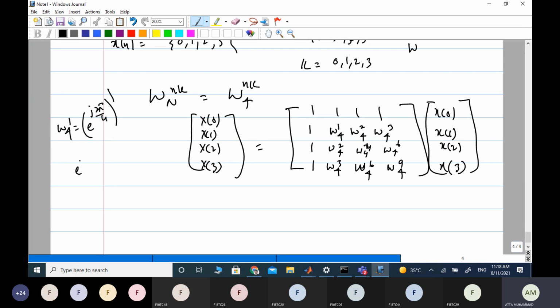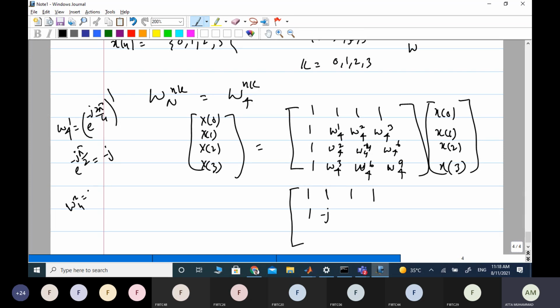So this is equal to e to the power minus j pi by 2, and we know this is equal to minus j, right? So I can rewrite this as 1 1 1 1 1, and now we have W4 power 1 equal to minus j.